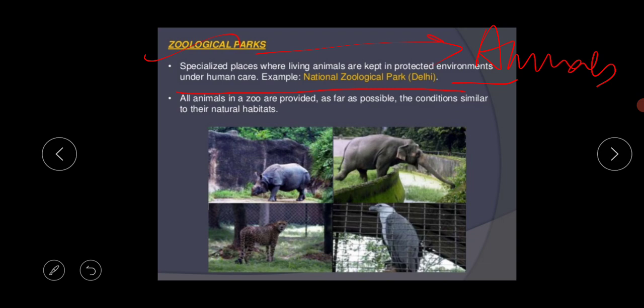Example, the National Zoological Park, which is present in Delhi. All animals in a zoo are provided, as far as possible, conditions similar to their natural habitats. What is the role of zoological parks? They are a prized asset.